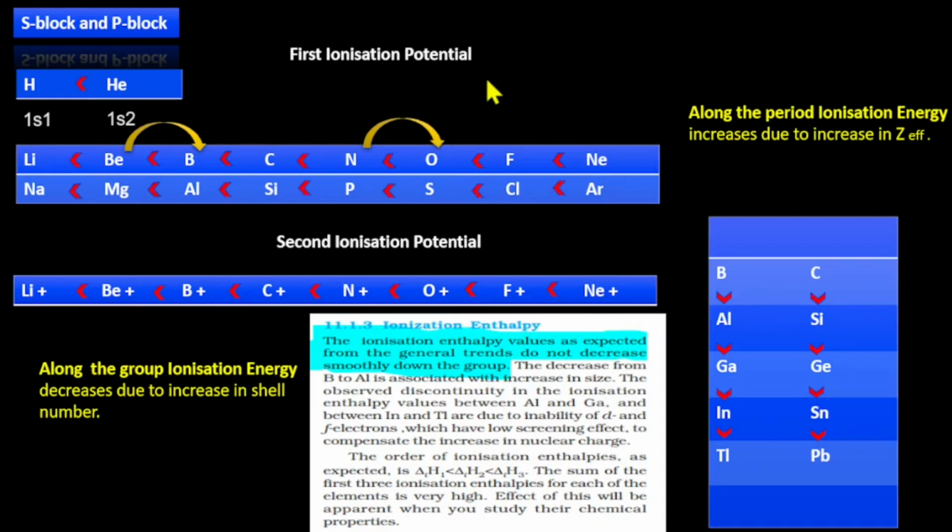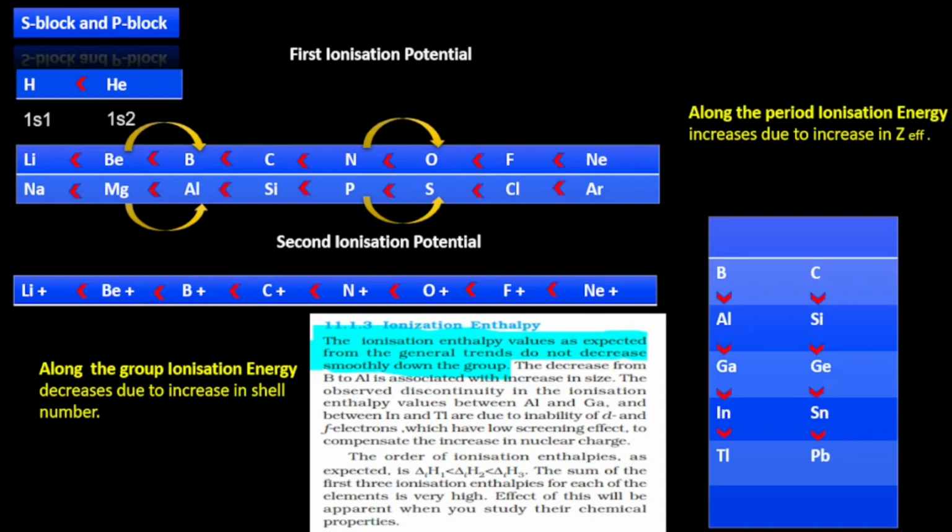Similarly, for sodium, magnesium, aluminium, silicon, phosphorus, sulfur, chlorine, argon, the order will be again in the same manner. So what you have to keep in mind is that ionization energy will increase along the period, but take care of the half filled and completely filled rule.